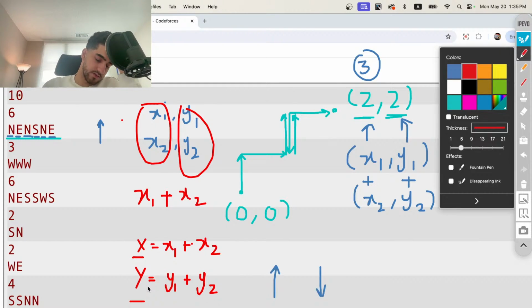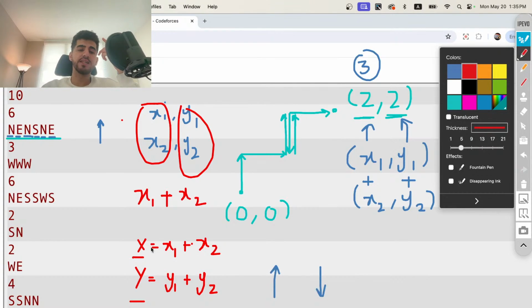So that's all, it's fine now. If I want to calculate x1 plus x2 and y1 plus y2, then I can easily update them, because any movement will be assigned to one of the robots and it will add or subtract exactly one from one of them.